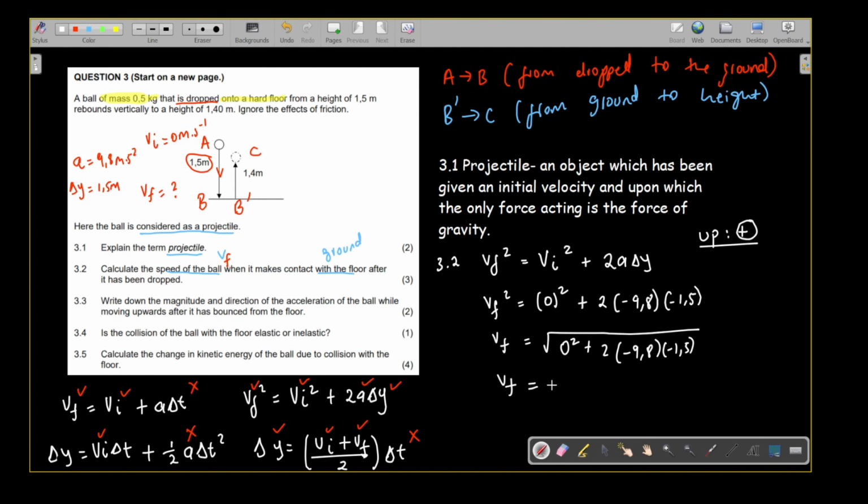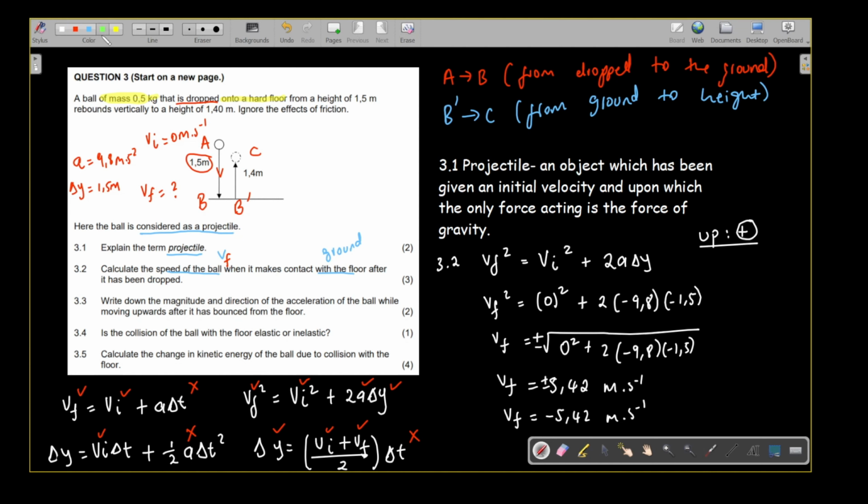The answer will be 5,42 meters per second, and you get the answer as positive. But mathematically, when you put a root sign, remember you put plus or minus. So this is plus or minus that, but the answer is going to be the negative one. So it's going to be negative 5,42 meters per second.